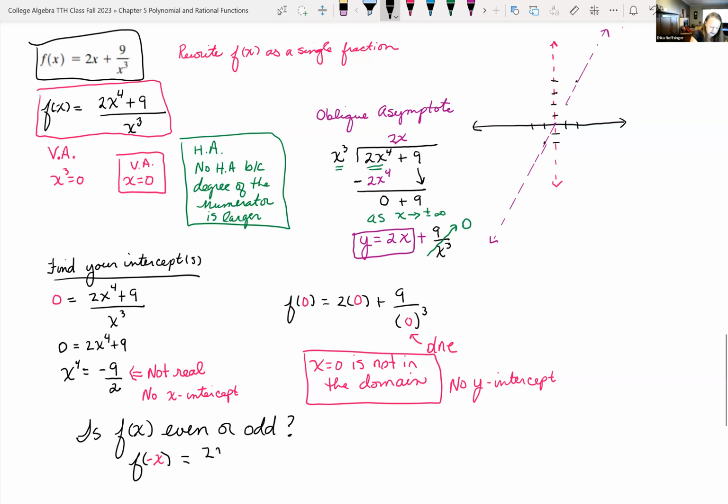So I would get back 2x to the 4th plus 9 in the numerator, all over, and if I plug in negative x into the denominator, negative x quantity cubed gives me back negative x cubed. So this does not equal our original function. So it's not an even function.